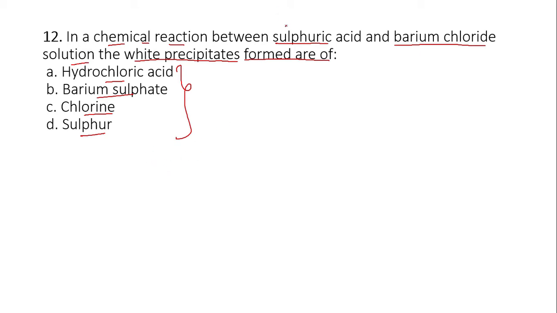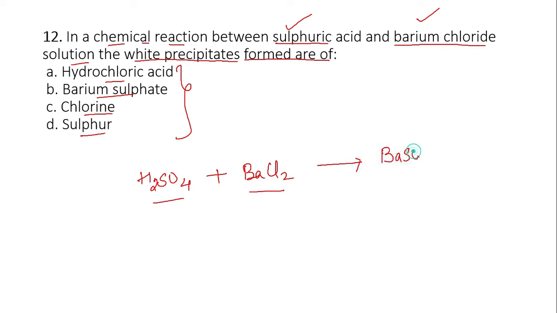Let's write the reaction of sulfuric acid, that is H2SO4, with barium chloride, right? Whenever H2SO4 reacts with barium chloride, it will produce BaSO4 along with HCl, okay?